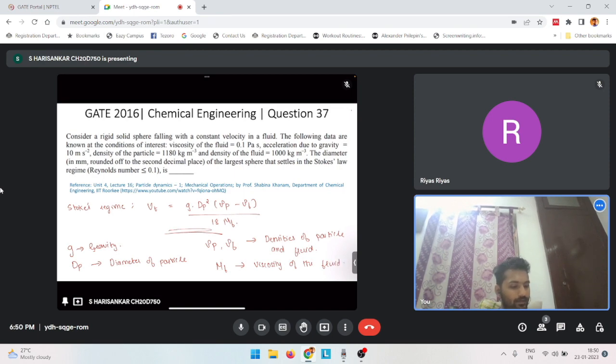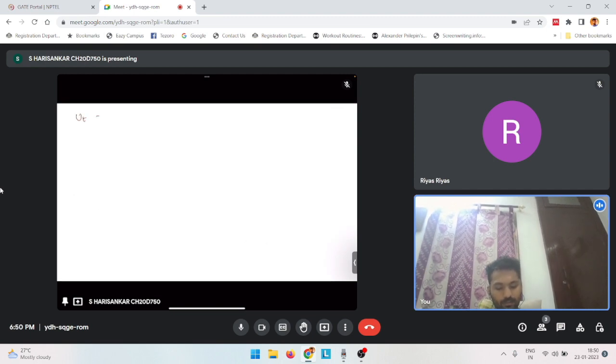So let us write down the values that are given to us. Our general equation is ut is equal to g dp square (rho p minus rho f) by 18 mu f.